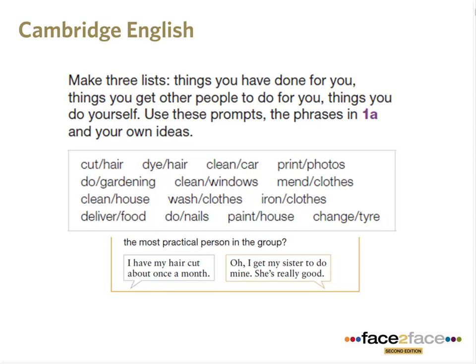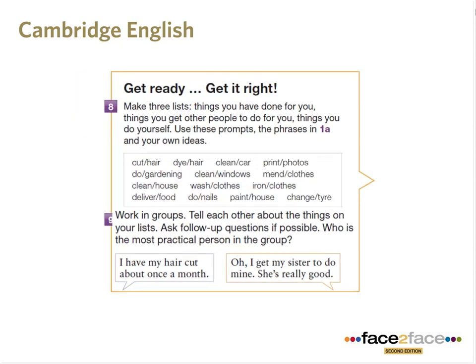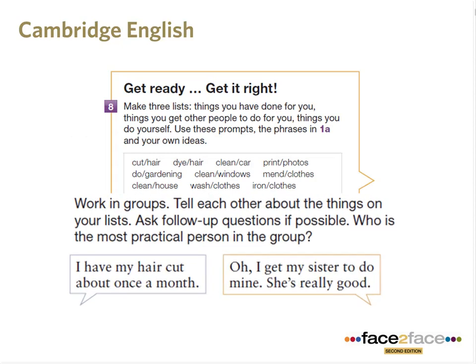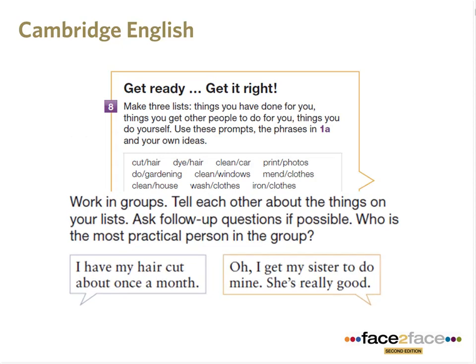So this gives them a chance to organize things that happen in their lives into the right language group. When they've done that, they can work in groups and tell each other about the things on their list, asking follow-up questions if possible, as shown in the examples.